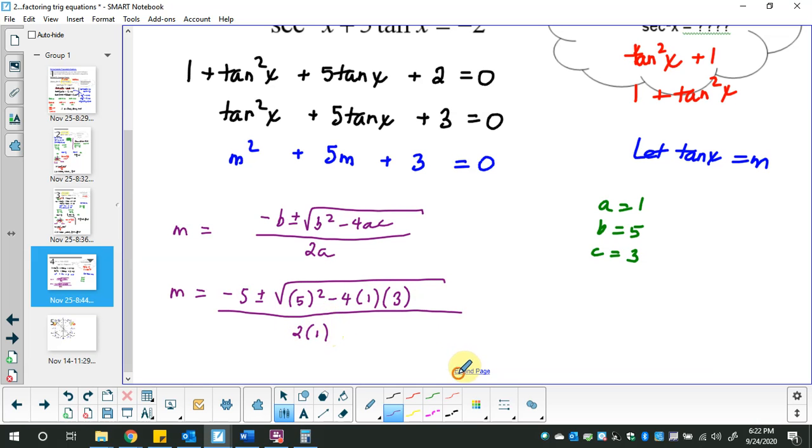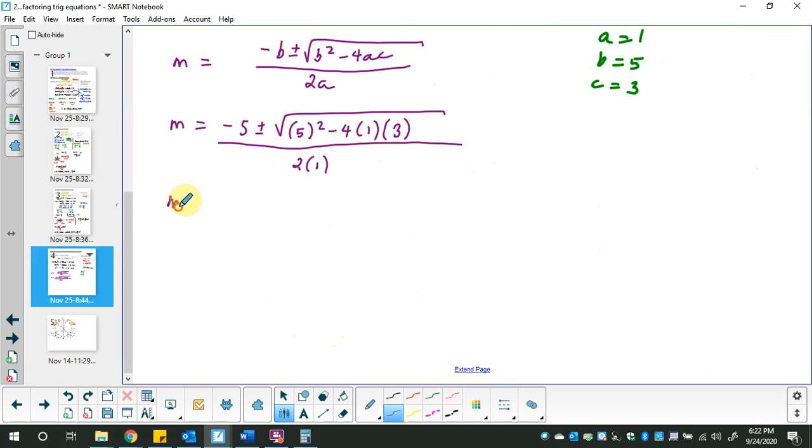Whew, I think I did that. So m equals negative 5 plus or minus something over 2. That something is under a root, so this is 25 minus 12, that's 13. And there's absolutely no point to you doing reduced radical form for this, so I'm going to go straight to finding decimals. So I will have m equals something and m equals something else.